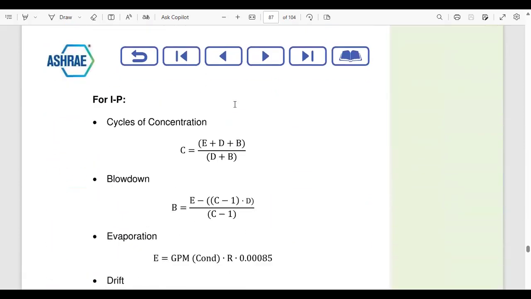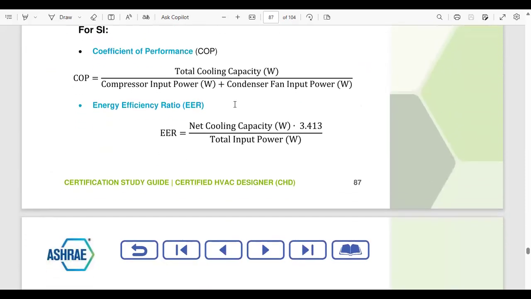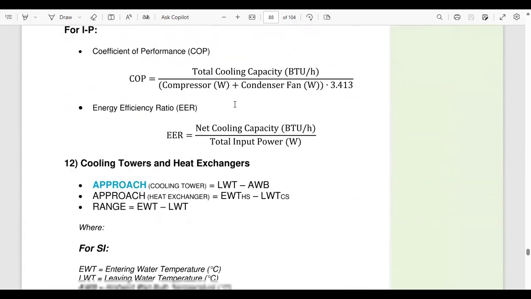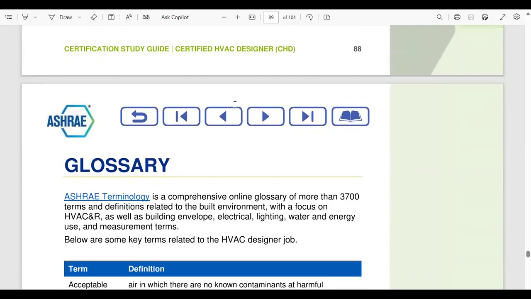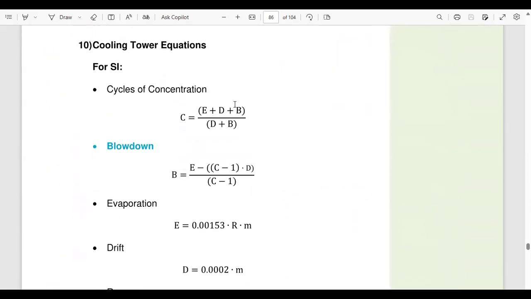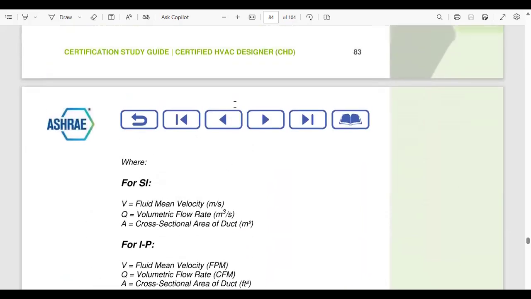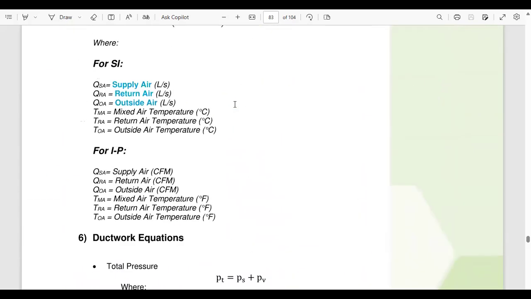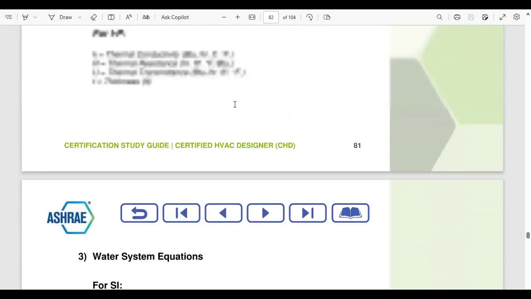Then we get the equations for effectiveness, COP and EER. Cooling tower and heat exchanger equations are in here. So almost all the maths and equations relevant to the exam are provided here. There are a few more equations, I think two or three more, that are required for the exam also.